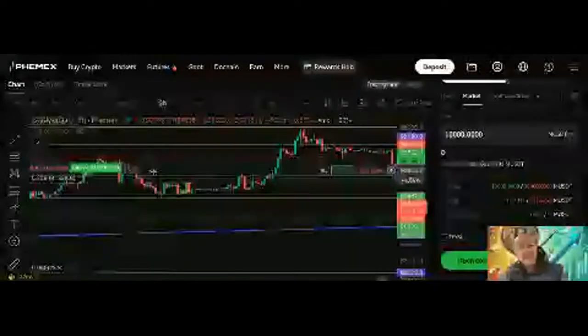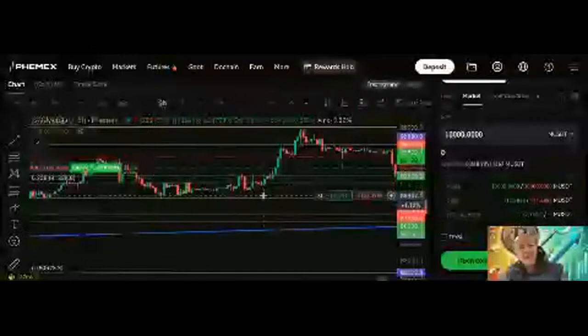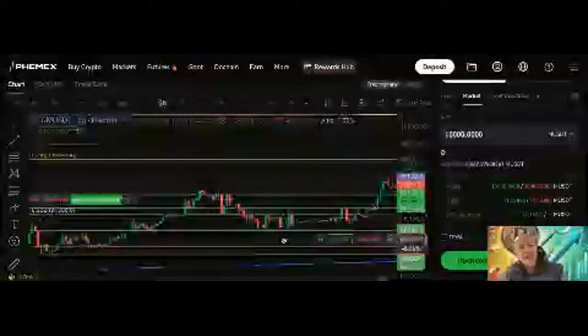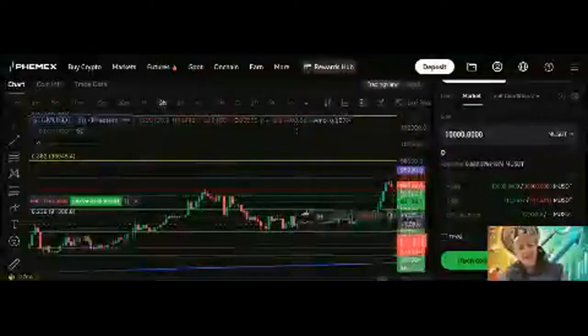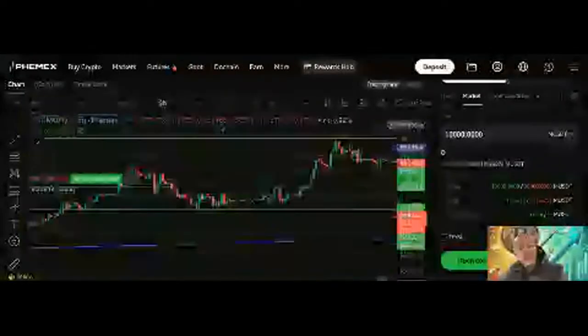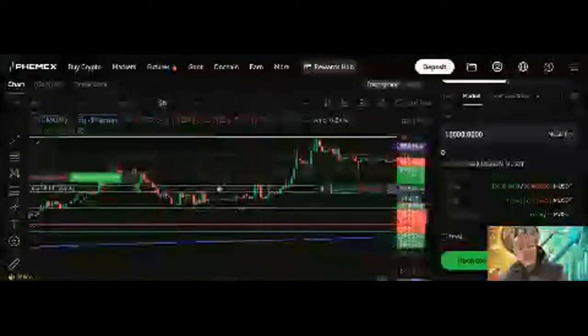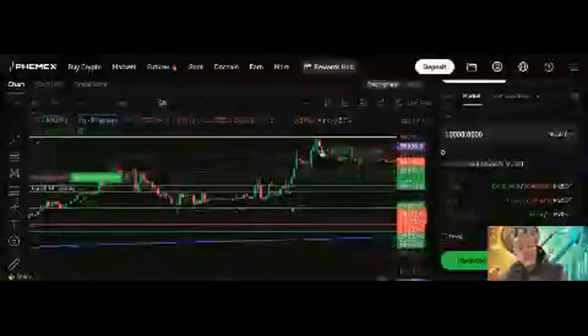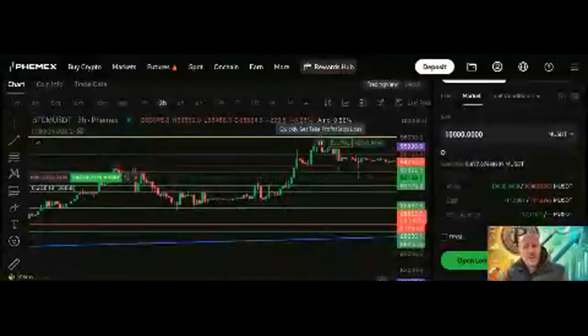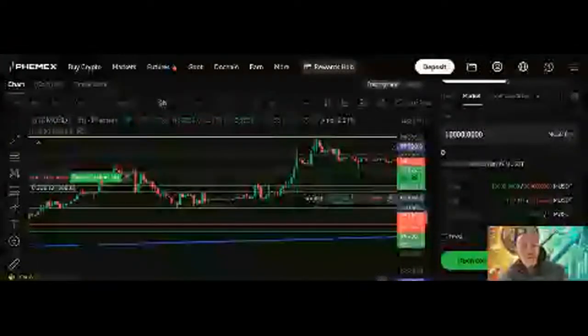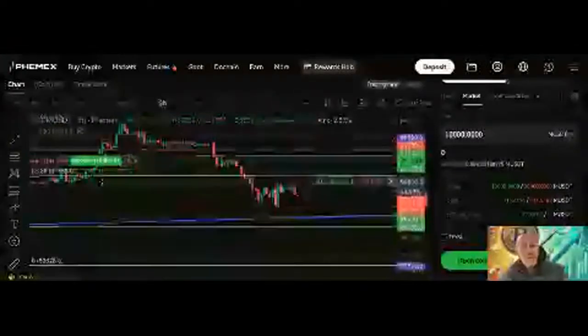See this flat area? Flat area after a dump, okay? And then you just enter some long contracts here and you wait for it to pump. And then you take some profits. Okay. So that's where we're at right now.